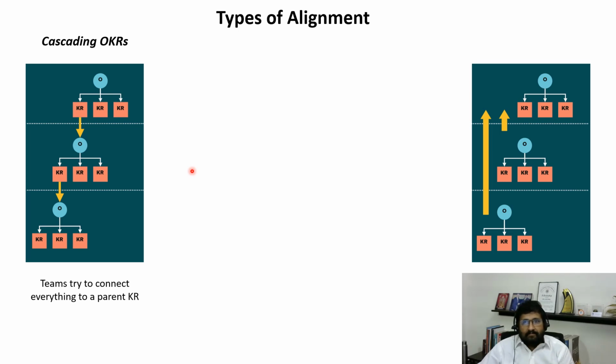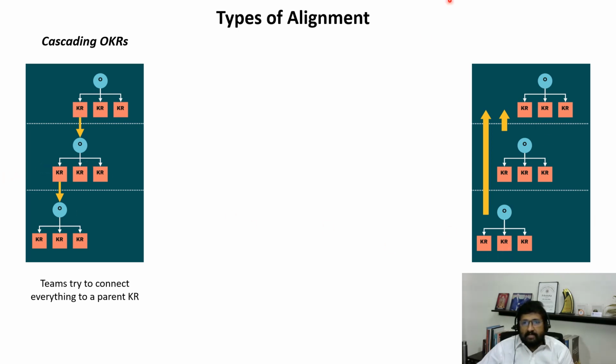On the other side, as you can see in this picture, there is an objective and a set of KRs. And again, there is an objective with another set of KRs, and an objective with a set of KRs. But all these three sets of OKRs are not linked as a chain like in the previous picture, right?